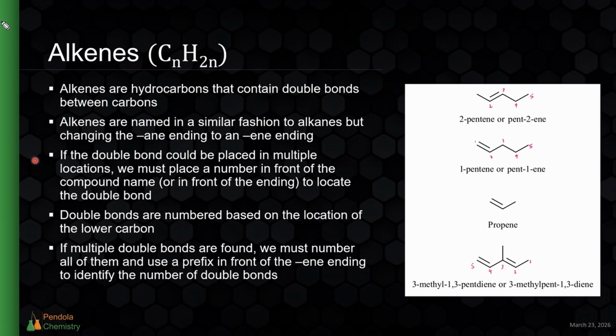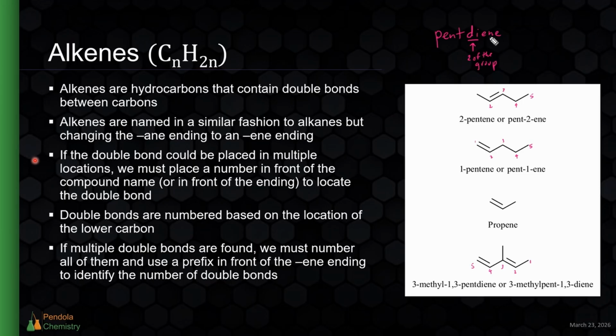So here we have a 5-carbon chain. So it's going to be pent. Now, it is a pentene because we have double bonds, but we have 2 double bonds. So this is going to be a pent-diene. The di means from before that we have 2 of the group.